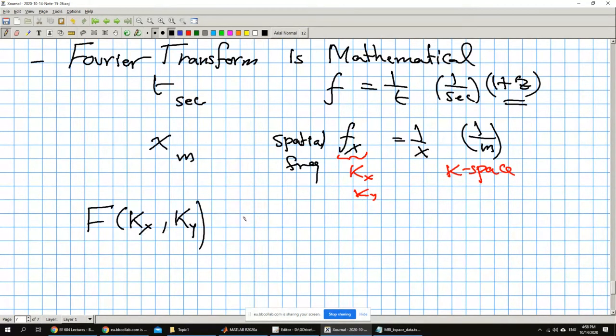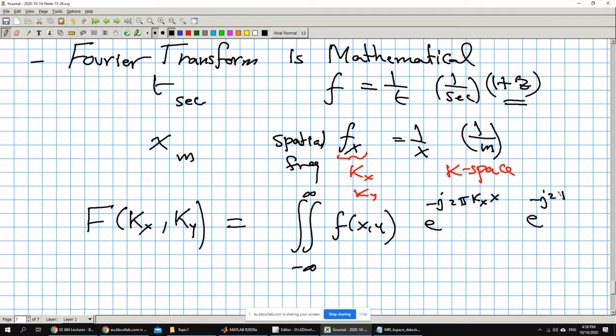So if we have this definition, then f of kx and ky, the frequency variables, will be equal to, instead of only one integration, two. You will have f of x and y, and e to the minus j twice pi kx x, e to the minus j twice pi ky y. Remember that omega was twice pi f, where f was the frequency in hertz.